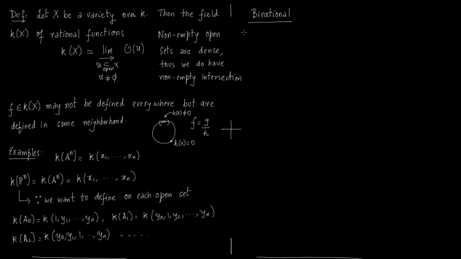So now we quickly talk about birational. So two varieties X and Y are birational if k of X is isomorphic to k of Y as field extensions of k. So let us write this down.